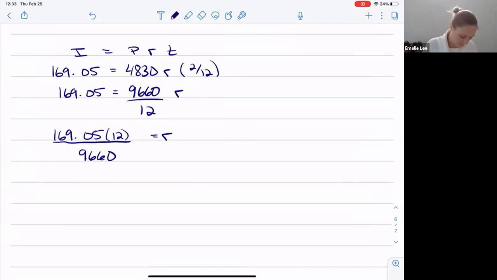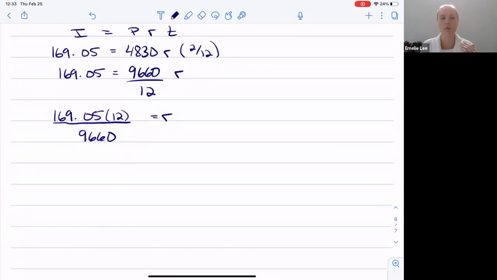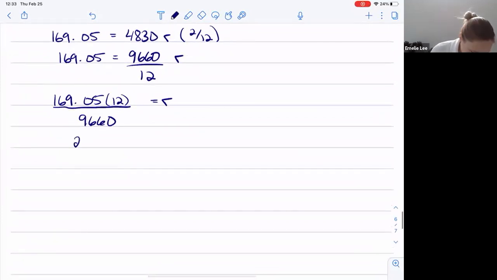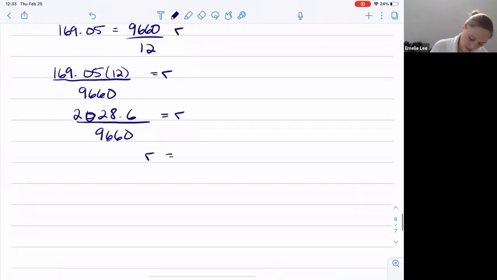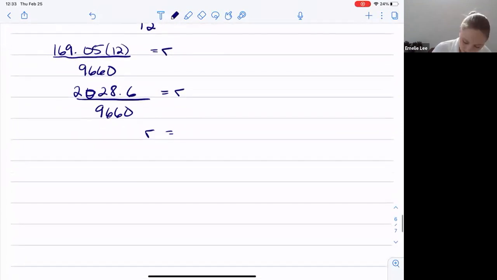So 169.05 times 12 is, and again, you don't want to round anything. In this case, it comes up to a nice number, 2028.6 over 96.60 is R. And here's where I decide to just switcheroo the sides. It doesn't matter. Divided by 96.60, I get an R of 0.21.